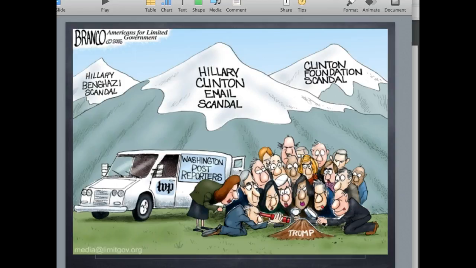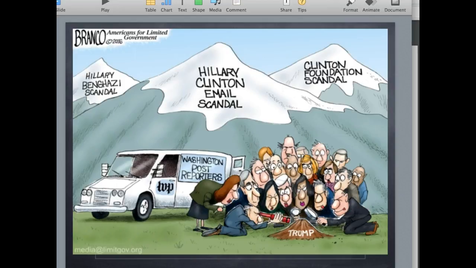You see there is some labeling going on here, definitely. You've got some mountaintops labeled Hillary Benghazi scandal, another labeled Hillary Clinton email scandal, and another labeled the Clinton Foundation scandal. And then you've got a little molehill down here labeled Trump, and a van labeled the Washington Post reporters.